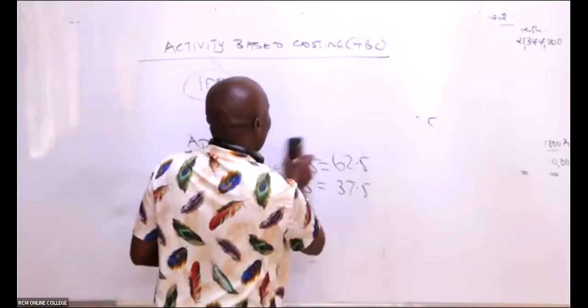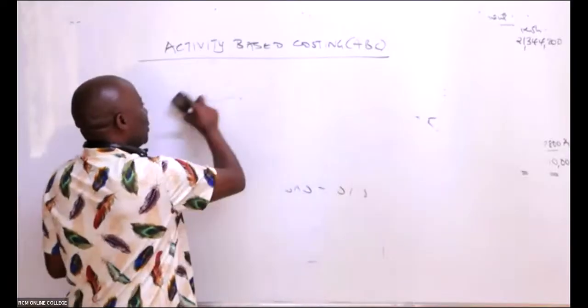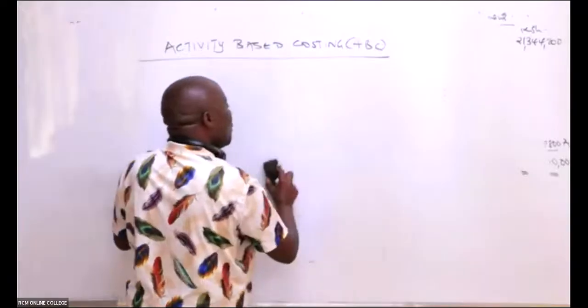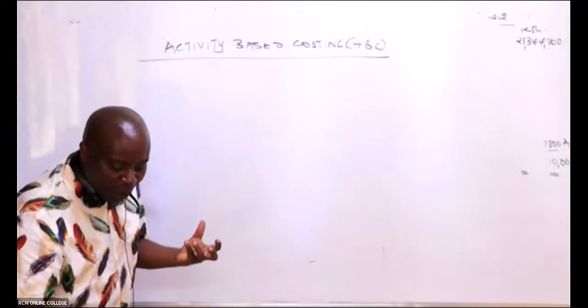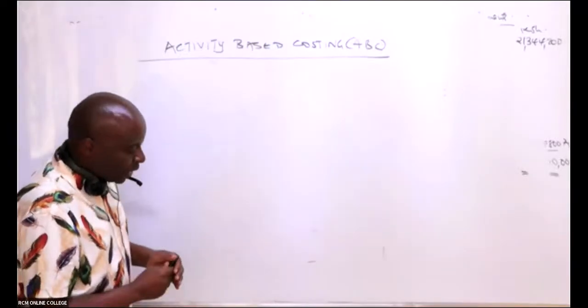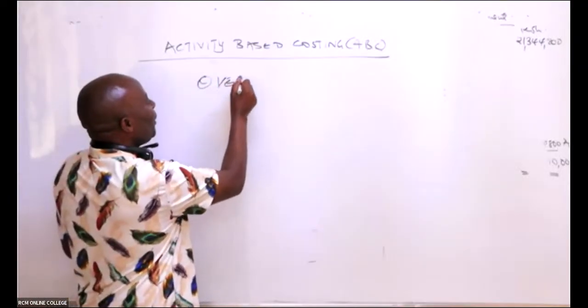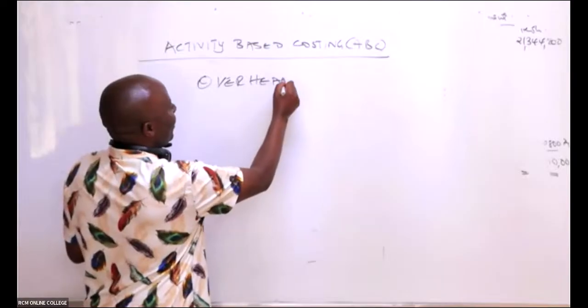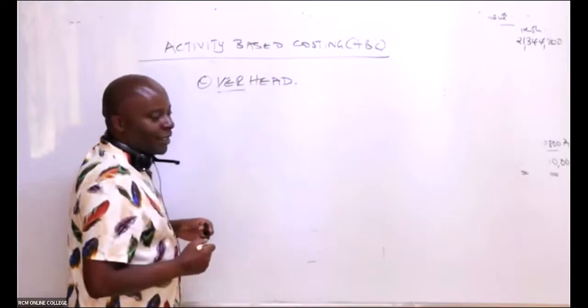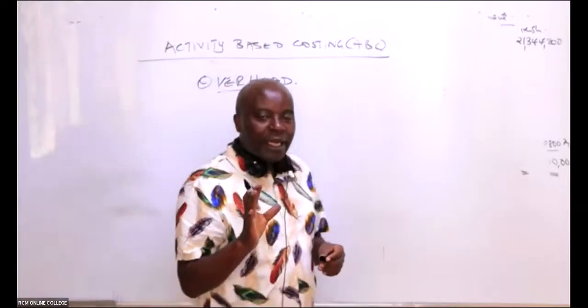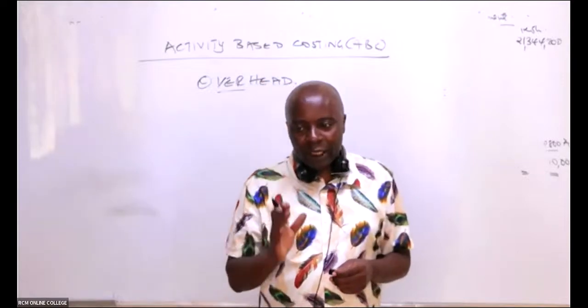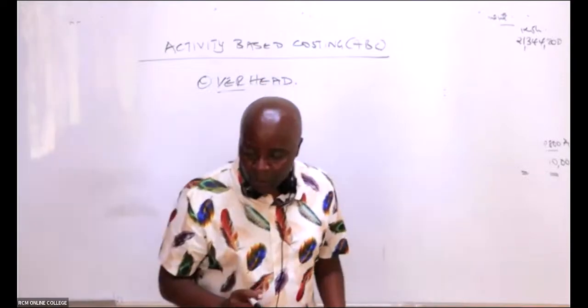Now, when we talk of the activity-based costing approach, ladies and gentlemen, first you need to appreciate what we are doing in apportioning these overheads. First of all, what is an overhead? From the name, overheads are basically common expenses.